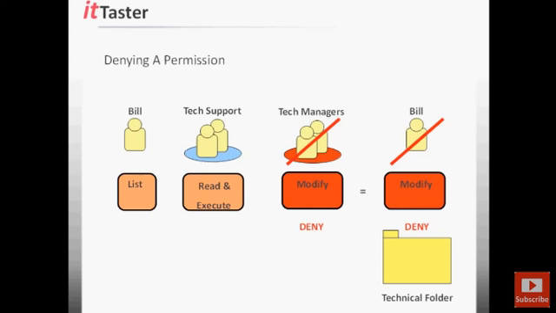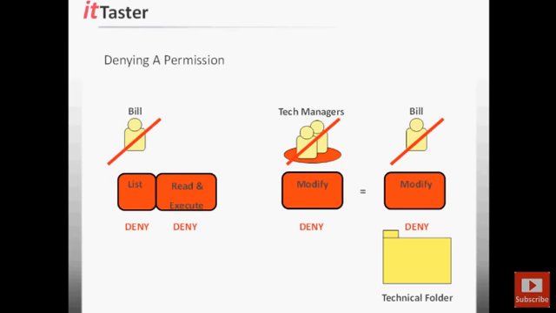But because a deny permission overrides an allow permission, Bill is denied list folder contents and read and execute permission. And that's the rule to remember. If we deny a permission, the user is denied the permission regardless of any other group memberships. Deny permission overrides an allow permission.